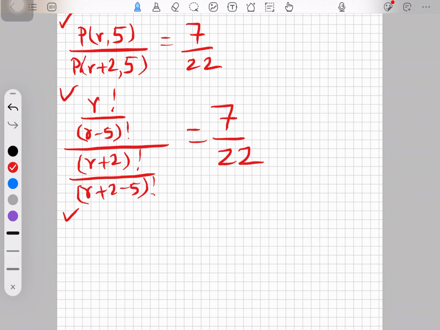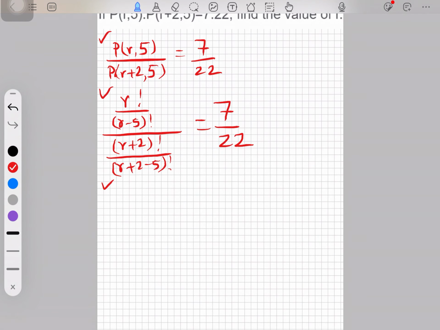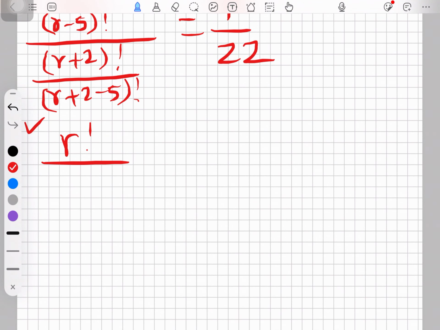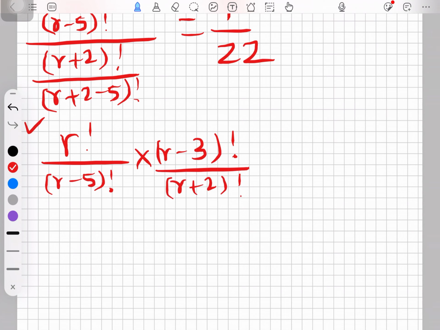To make this a little simpler, let's rearrange them. So what we can do is r minus 5 factorial times r minus 3 (since r plus 2 minus 5 is r minus 3) over r plus 2 factorial is equal to 7 over 22.